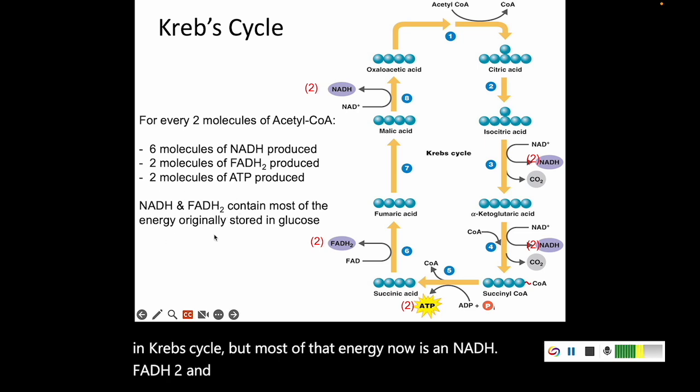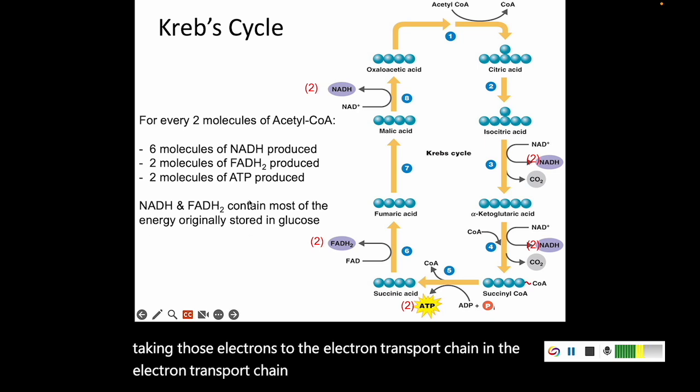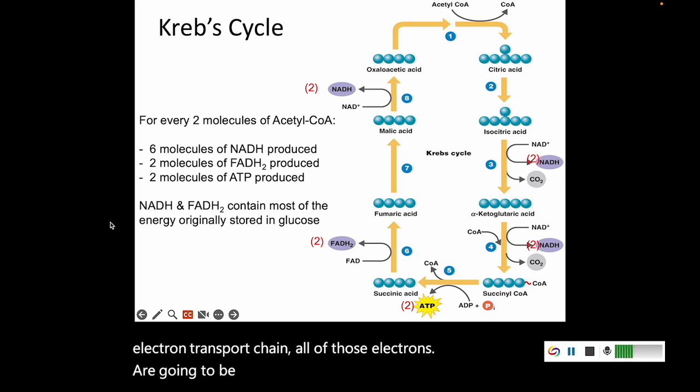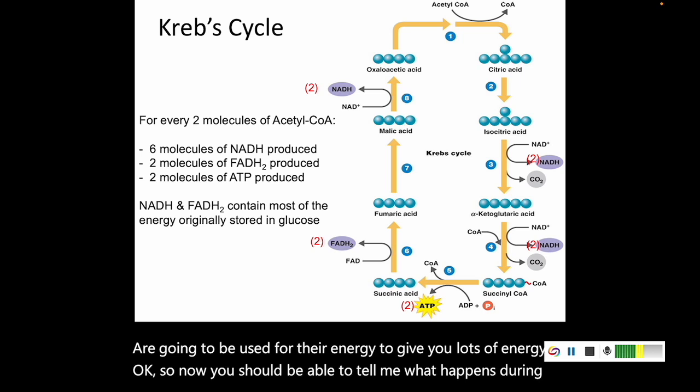NADH and FADH2 are holding electrons. They're taking those electrons to the electron transport chain. In the electron transport chain, all of those electrons are going to be used for their energy to give you lots of energy.